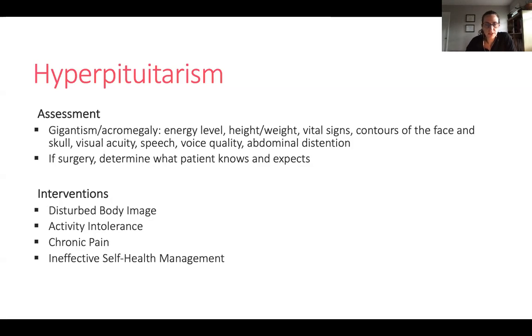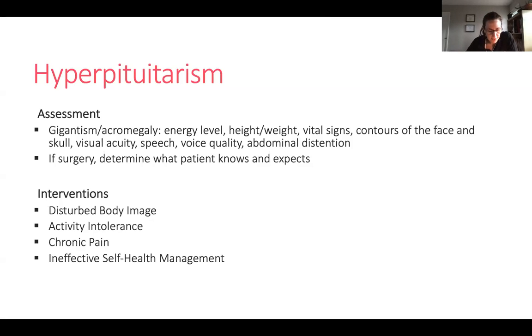So as far as interventions and nursing diagnosis, disturbed body image, so obviously due to the changes in the physical appearance. Activity intolerance, these patients tend to tire quickly. So kind of like the patients with liver disease, you want to encourage activity, but then also periods of rest. So you want to plan their day so they can have those periods of rest. Chronic pain, this is due to the musculoskeletal overgrowth that can cause pain in their joints.